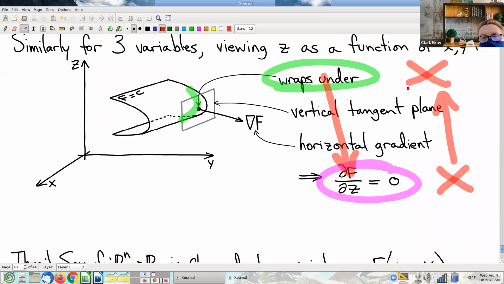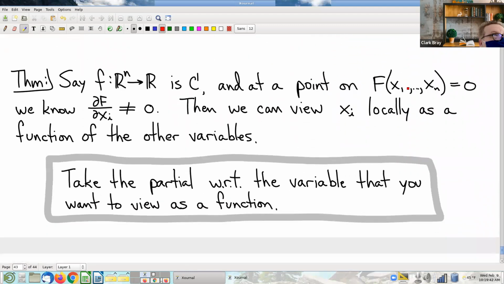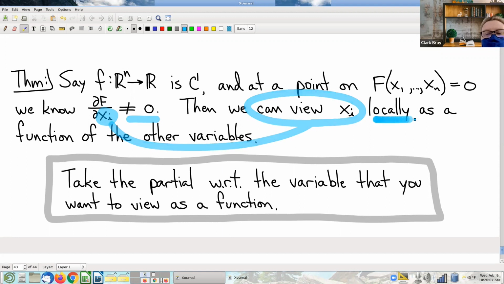Okay. And that is how we state the theorem. So this is taken right out of the book. This is the multivariable implicit function theorem. If you are looking at an equation involving n variables viewed as a level set, and if the partial with respect to one of those variables is non-zero, then you can view that locally as a function of the other variables.